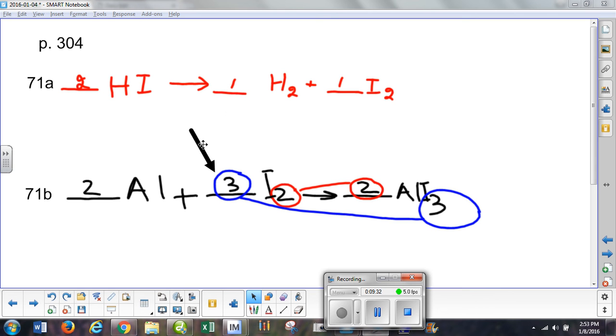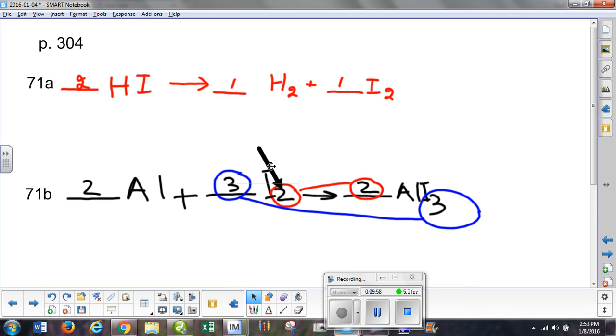Okay, you might say, that 3 is the coefficient of the iodine, which is I2 because it's part of the NOON 17, which we talked about yesterday. So this coefficient comes from the subscript of the iodine on the right side of the equation got moved over to the left.